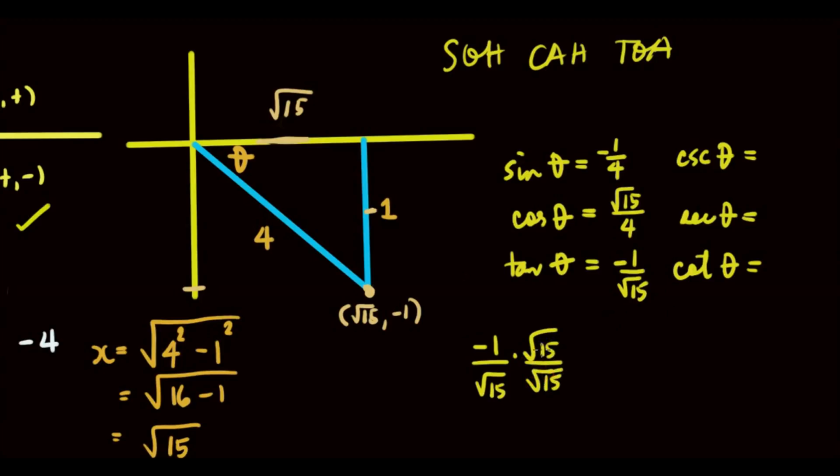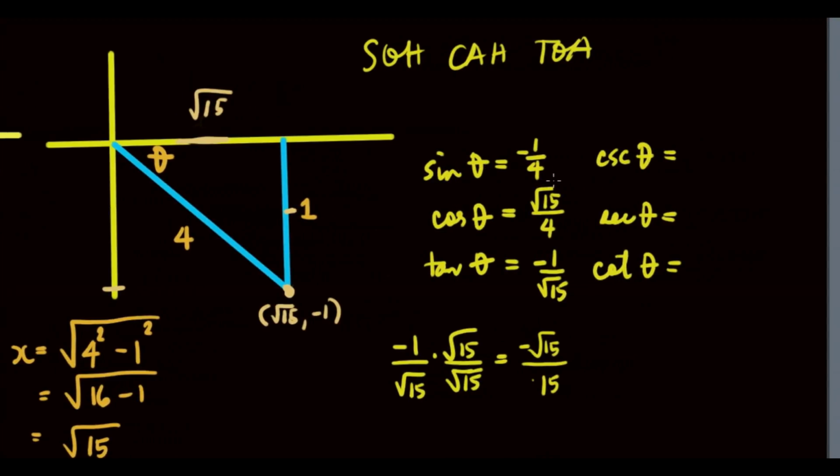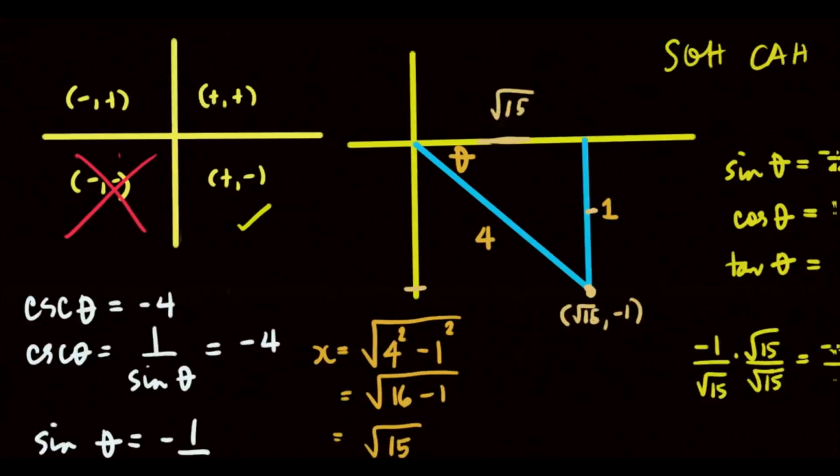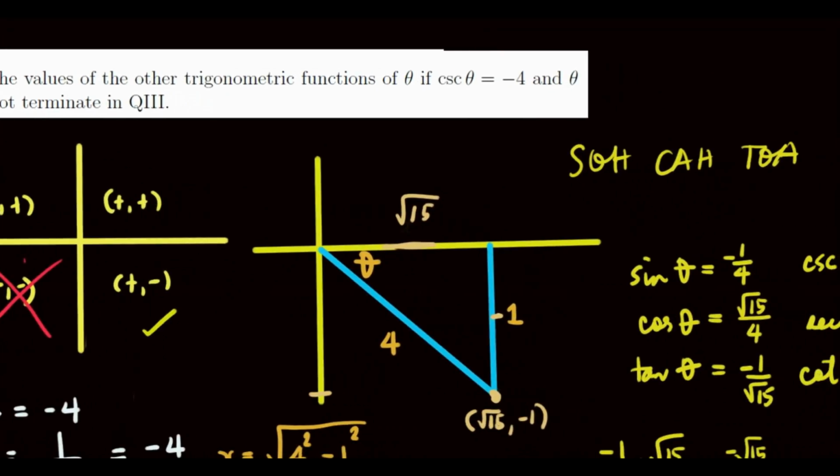Para nag-multiply ka lang ng 1. So, tangent theta can be written as negative square root of 15 over 15. And your cosecant theta is just the reciprocal of sine, so it's negative 4. Yun yung given.